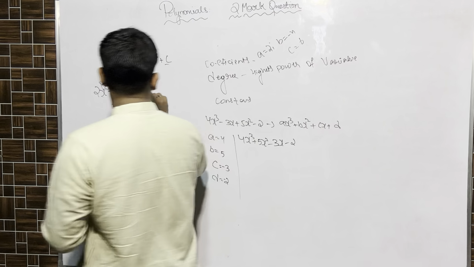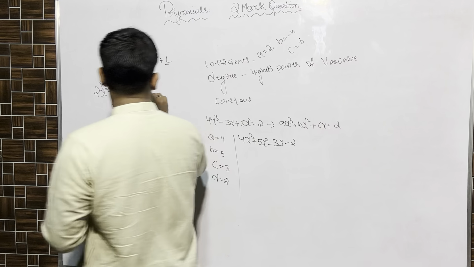It is power 7. Yes, you have to arrange it a little. 5x power 7, 0x power 6 plus 6x power 5. After that, 0x power 4 plus 0x power 3 plus 0x square plus 7x minus 6.